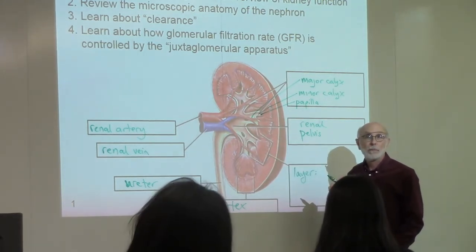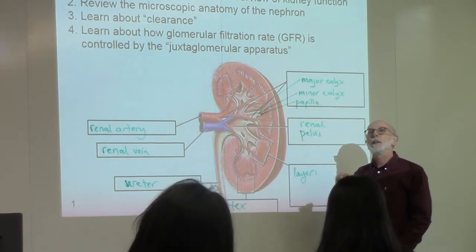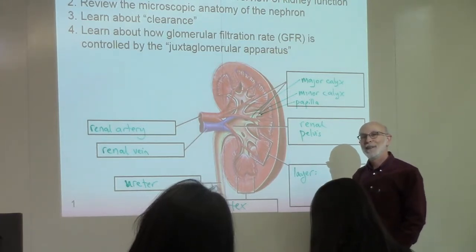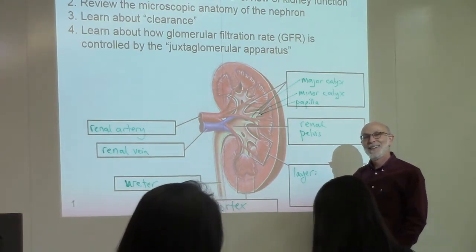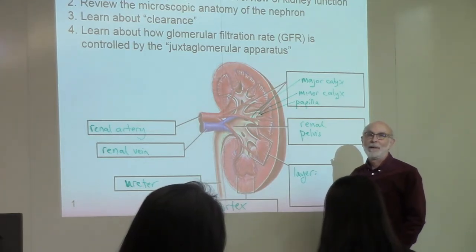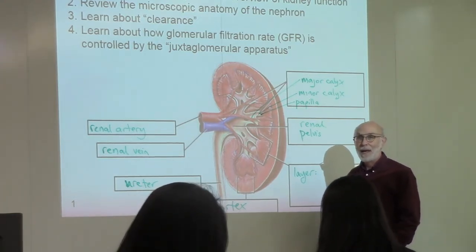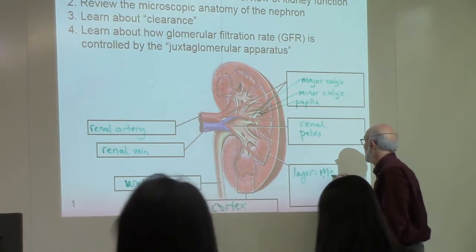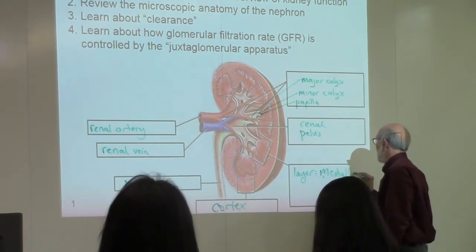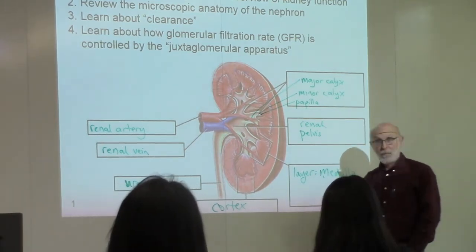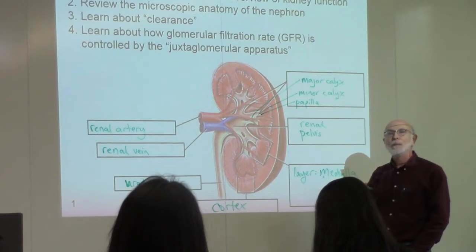You said the word, I just didn't hear it with the confidence and the expression that I was hoping for. It begins with an M. That is the medulla. The medulla is the layer. You said it was between the medulla, but no, that is the medulla.